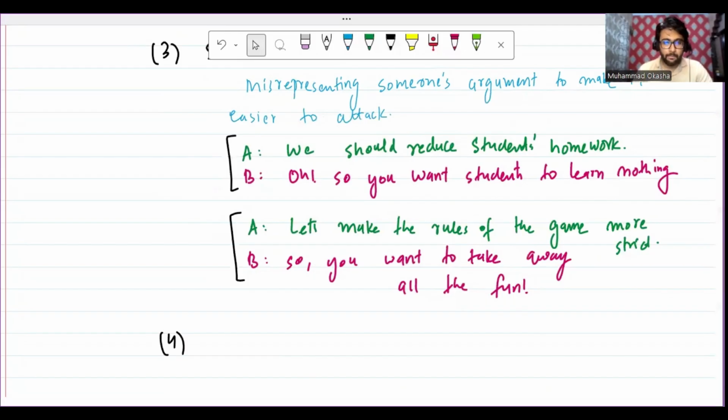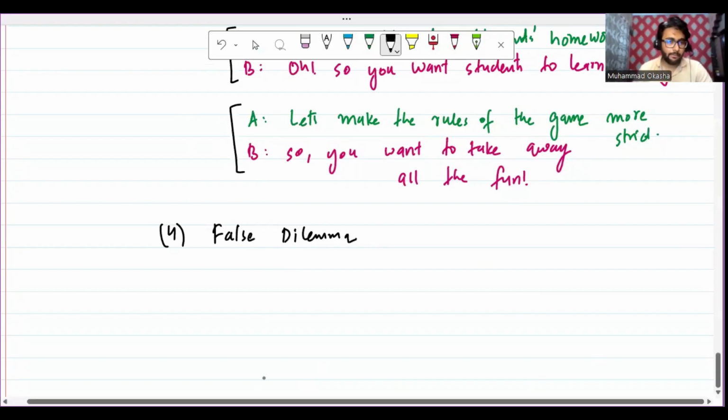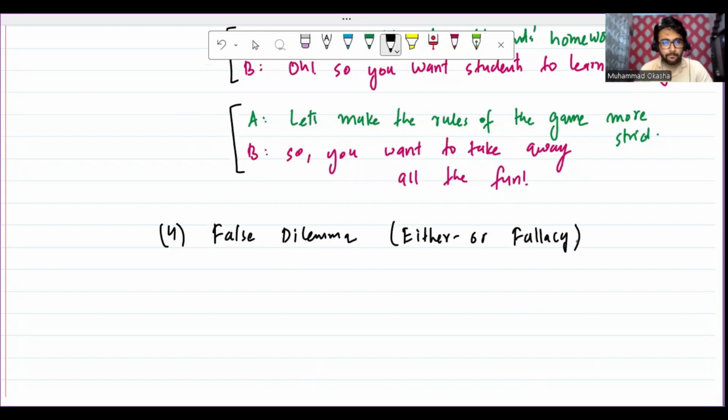The other one is called false dilemma. And false dilemma is also very, very common in the way that people argue, right? It's also called either-or fallacy.